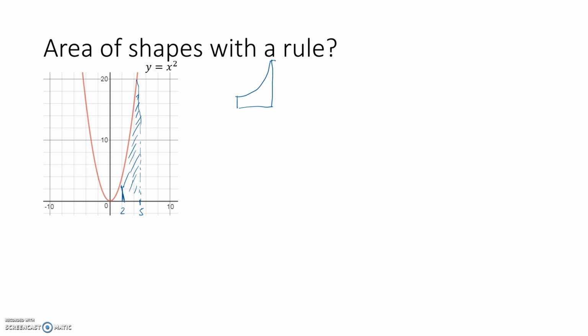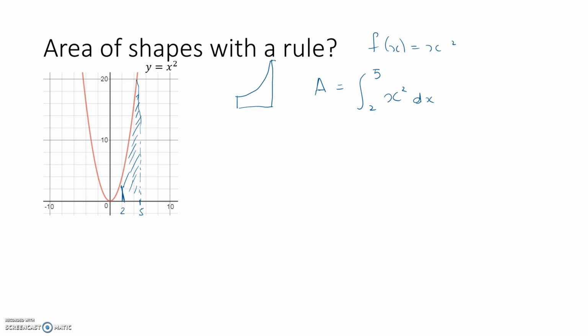However, if we know the rule for the function, then we can find the area by using a formula of sorts and some crazy notation. So if the function is x squared, then the area is going to be, and this is just notation at this stage, that's how we find the area. Now, if we know what this tells us to do, we're done. It looks pretty complex, but there's only a few steps.